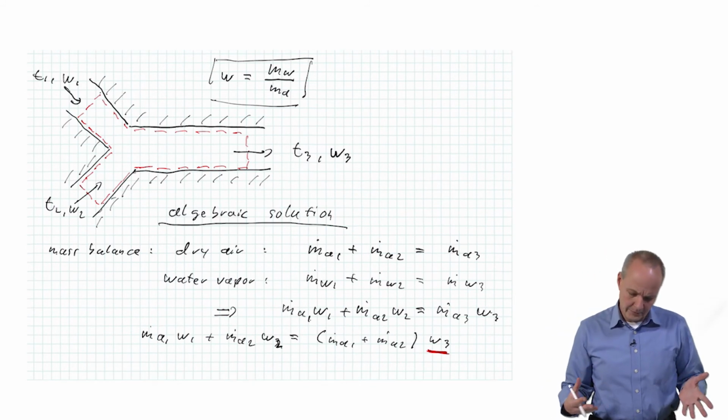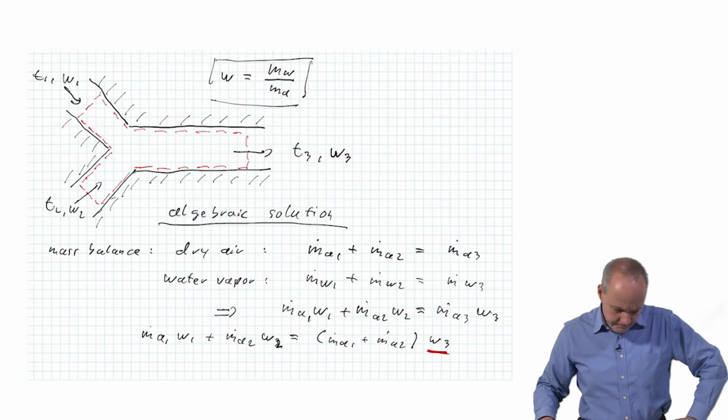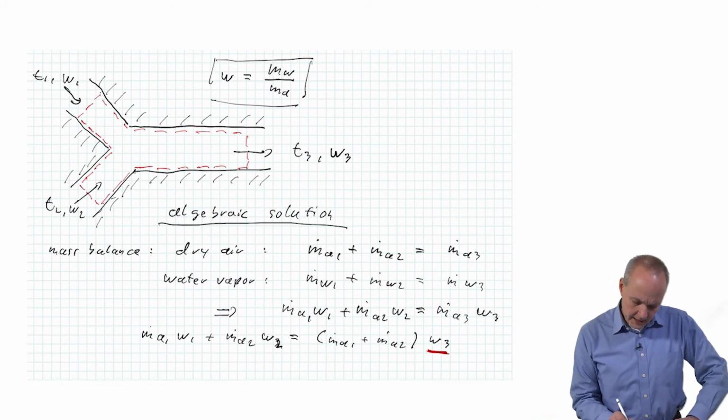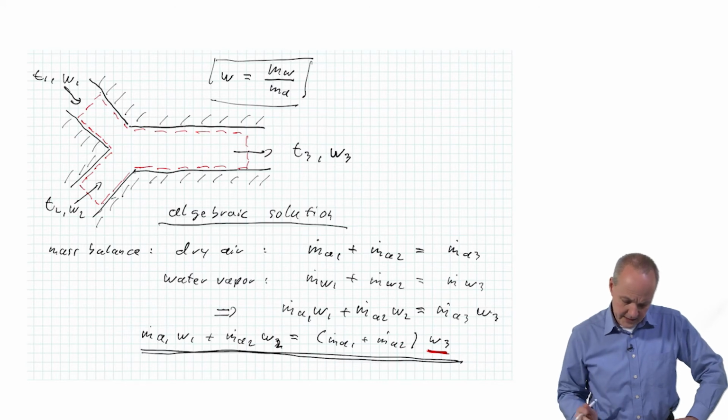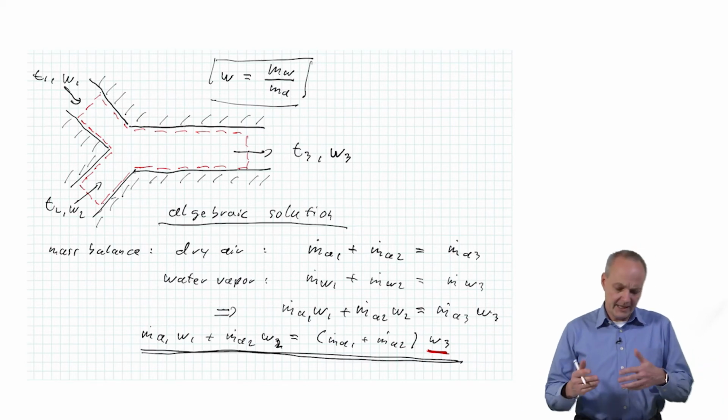Good. If I go back to the mass balance equation, I see that it has exactly the equivalent form. I bring it over and manipulate it, and it's absolutely equivalent to the energy balance, just that my H's are replaced by W's.